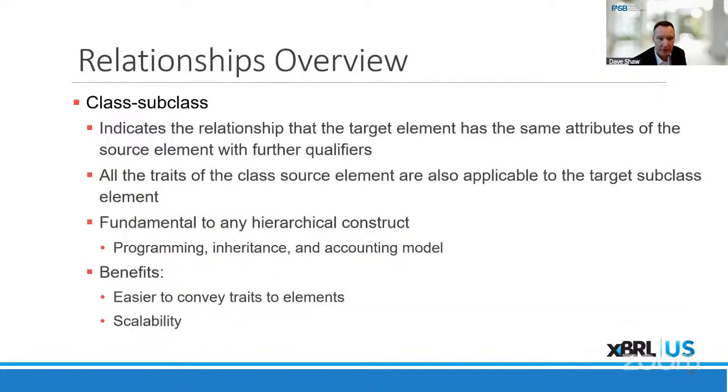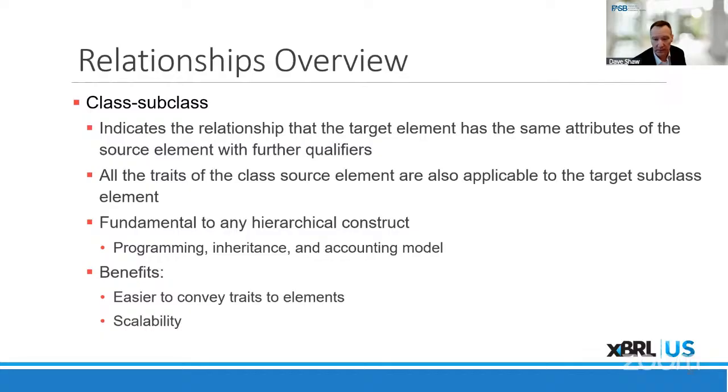As I mentioned, the class subclass relationship also works with this. This relationship is very fundamental to programming or inheritance models and accounting models. What this relationship says is that the target or child element has the same attributes of the source element with further qualifiers.